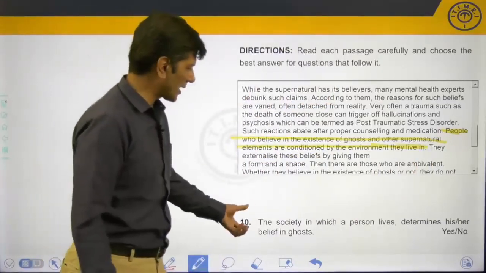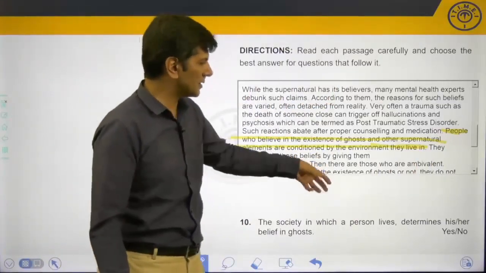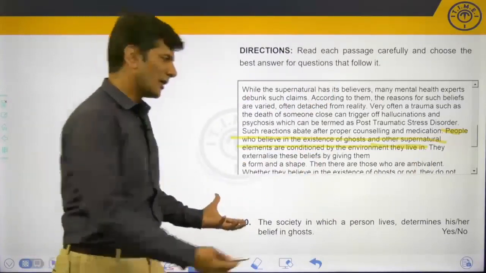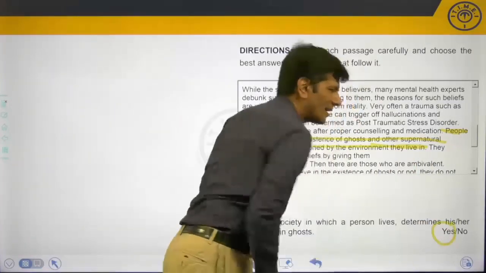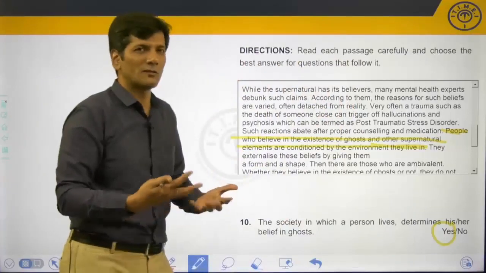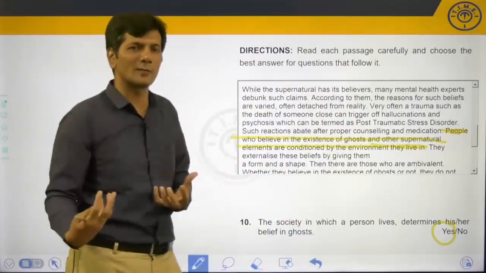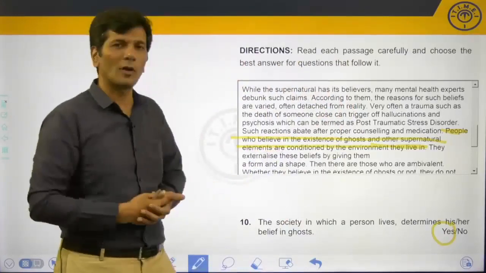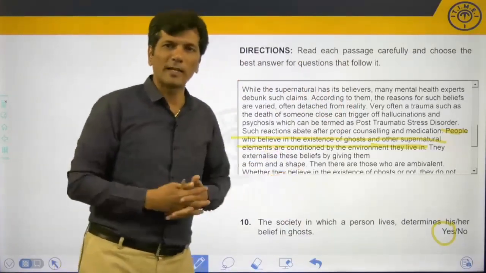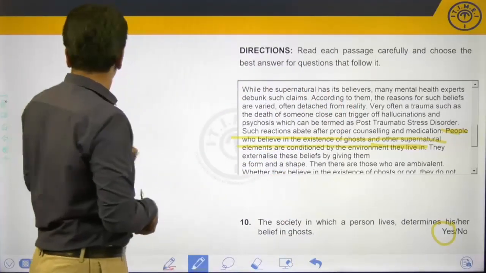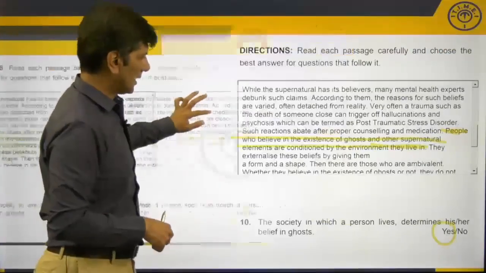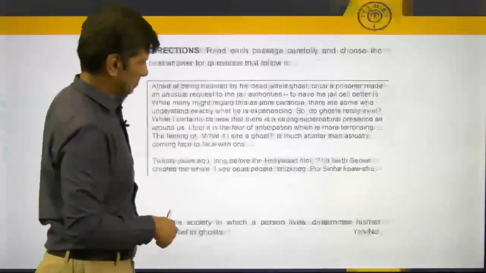So what is this question saying? The society in which a person lives determines his or her belief in ghosts. Your answer is a yes. So this is a pretty straightforward question which is not expecting you to draw any inferences per se. It is a perfect example of your supporting idea or specific detail question. Let's take a look at question number 11.